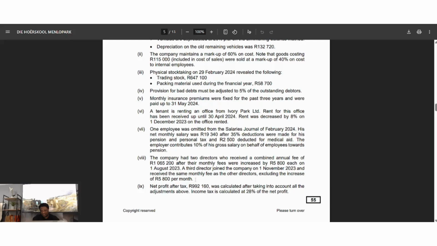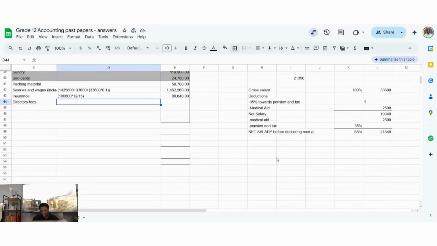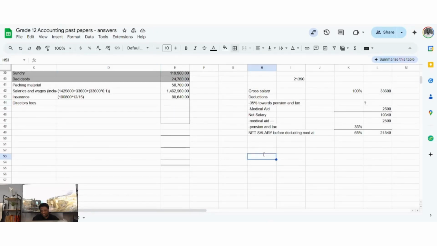Okay, so let's think about the first 2 directors, which is a slightly more straightforward case. So 2 directors, they earned, and remember that we want to look at earn when we look at income. So they earned an amount of 1,065,200, and then we want to look at one director.